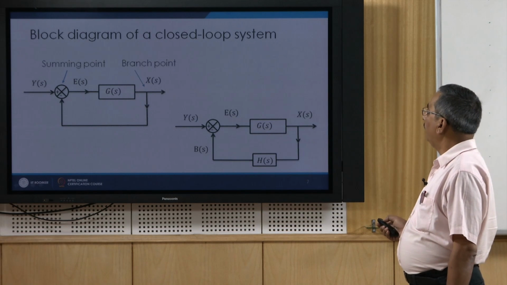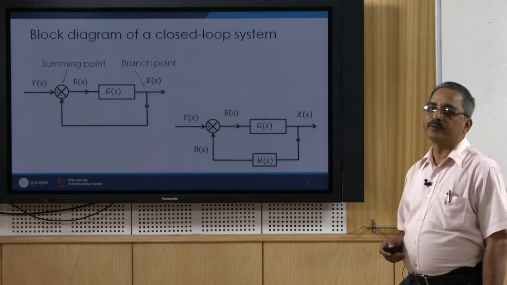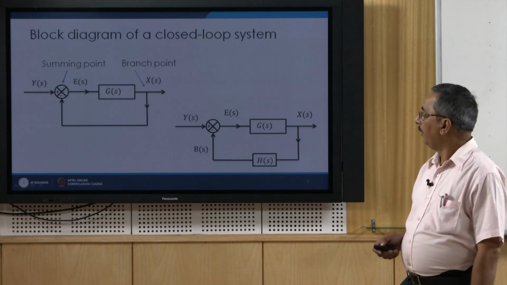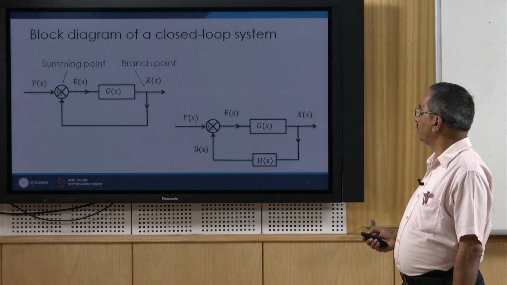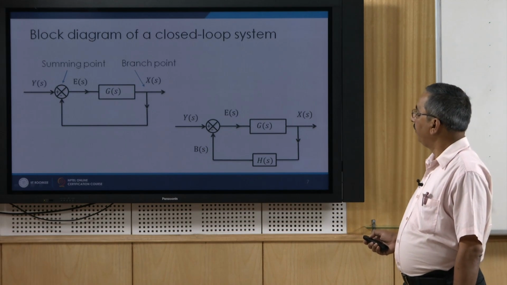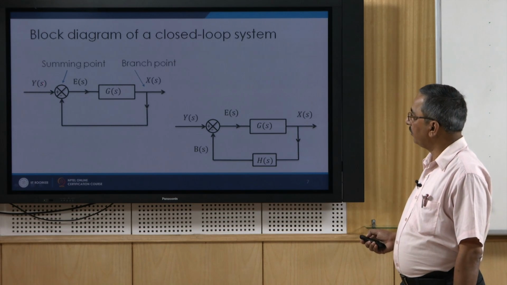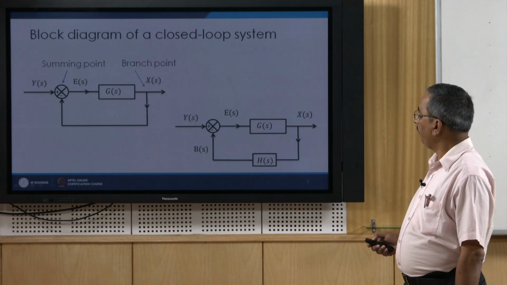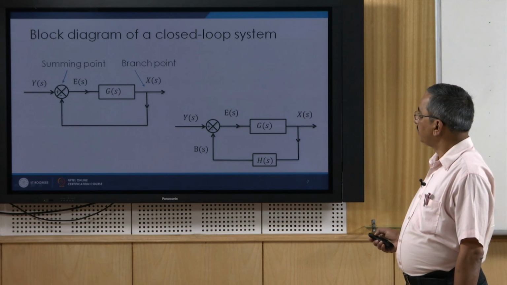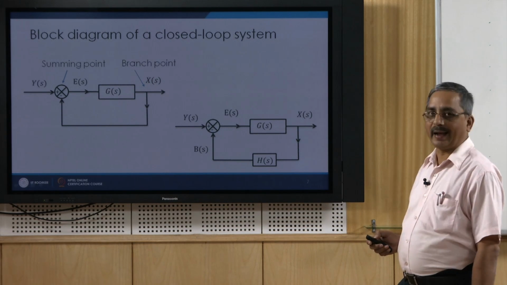Then let us see the block diagram of a closed loop system. Suppose there is an input to the system which is represented by Ys, and say there is an output of this system represented by Xs.